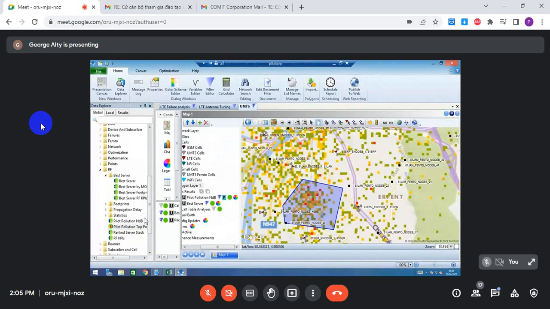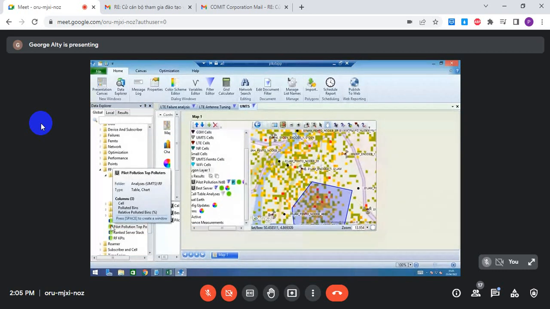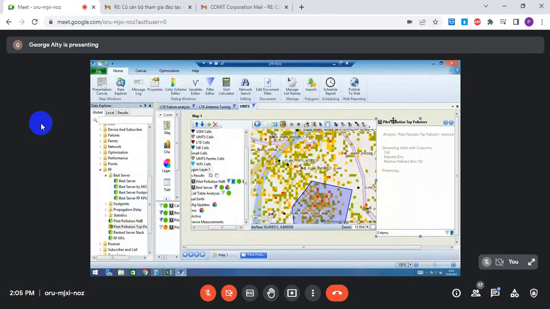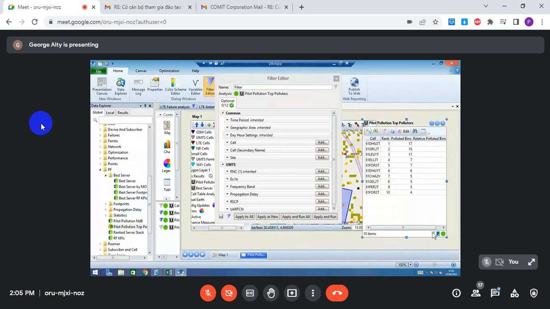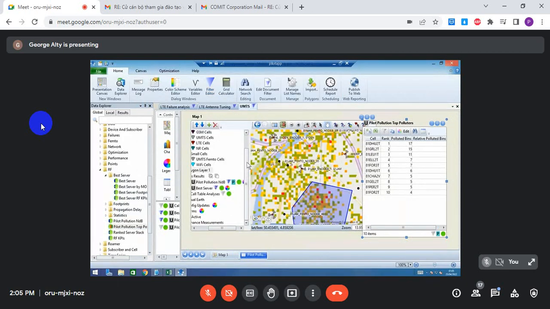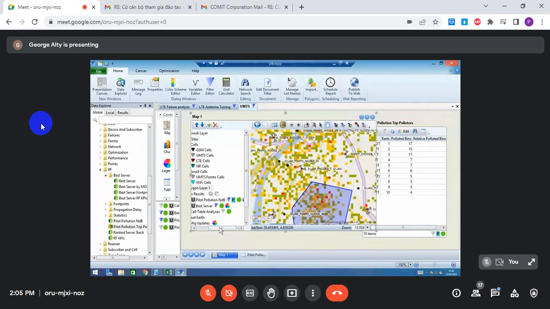I should have noticed that from this graph here. So what I can do is pull that in here. Again, I need to select the area of interest, which is my polygon.